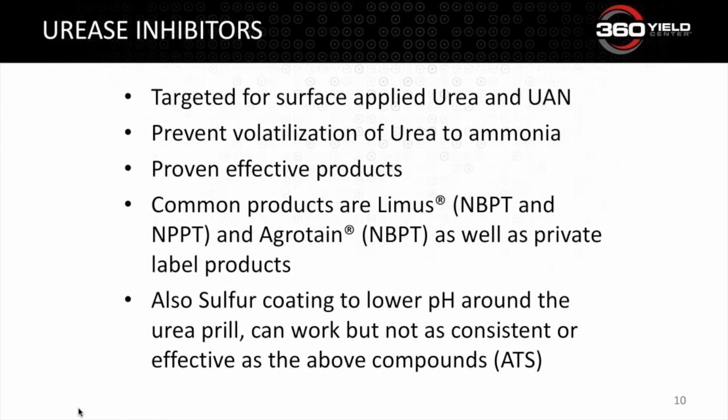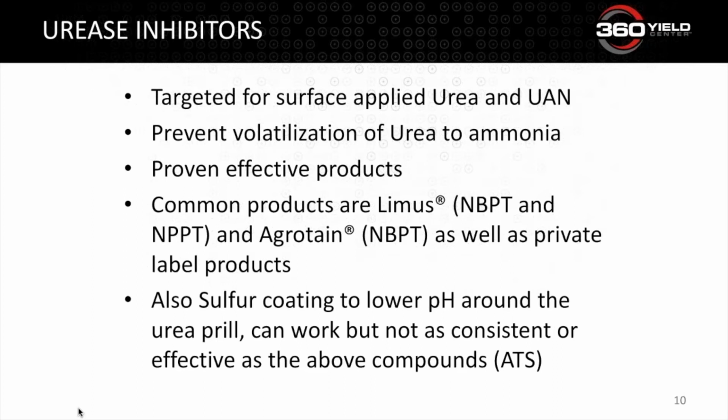So around the urea prill, it will create a lower pH, and therefore it slows that process down. And so guys ask me, if I sulfur coat or if I use ATS, does that perform the role or function of urease inhibition or nitrification inhibition? The answer is that they can and they do because they lower the pH.